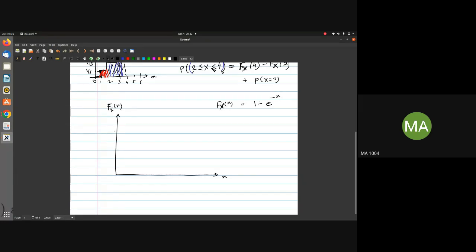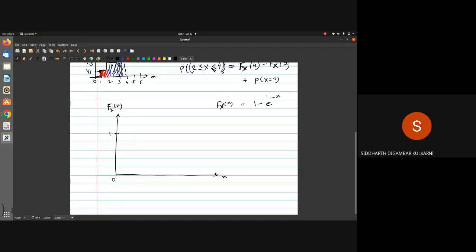So how will this graph look? When x is equal to 0, it will be 1, and I think it will start from 1, right? It starts from 0, sir. It's the CDF.